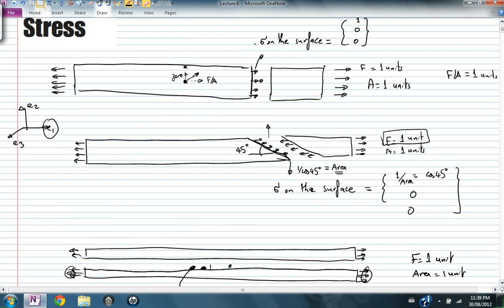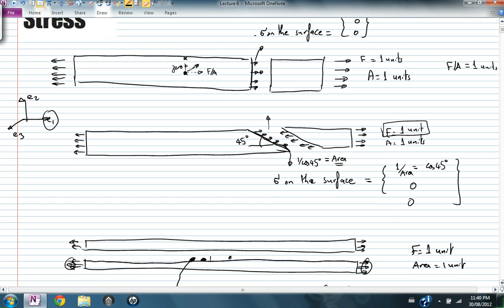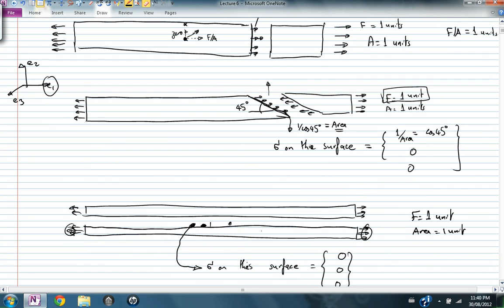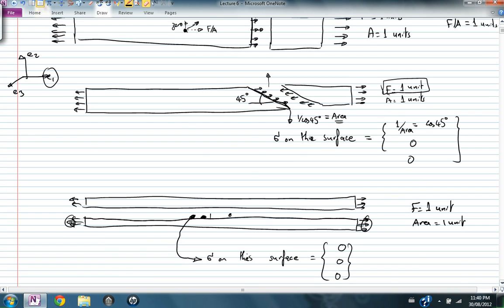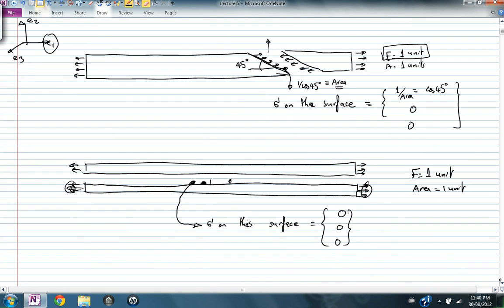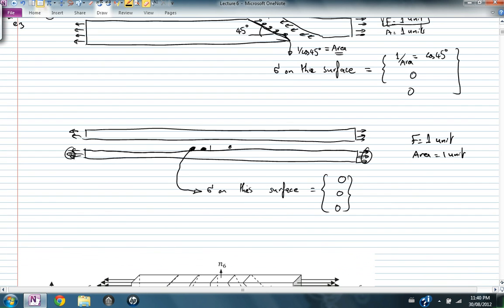If I look at the surface that's inclined at 45 degrees, I'm going to get another stress vector. If I look at the surface that's inclined horizontally, I'm going to get another vector which happens to be 0 in this case. So the stress really at a point is not described by a number.